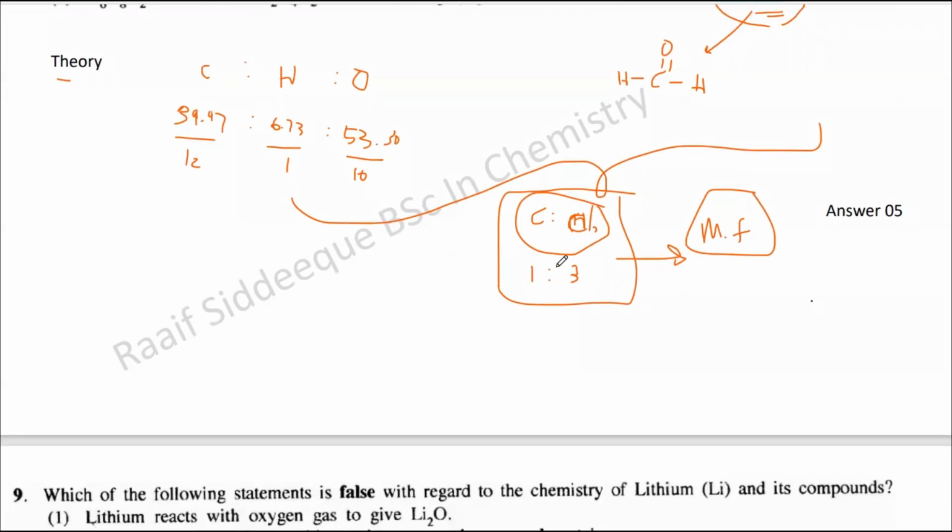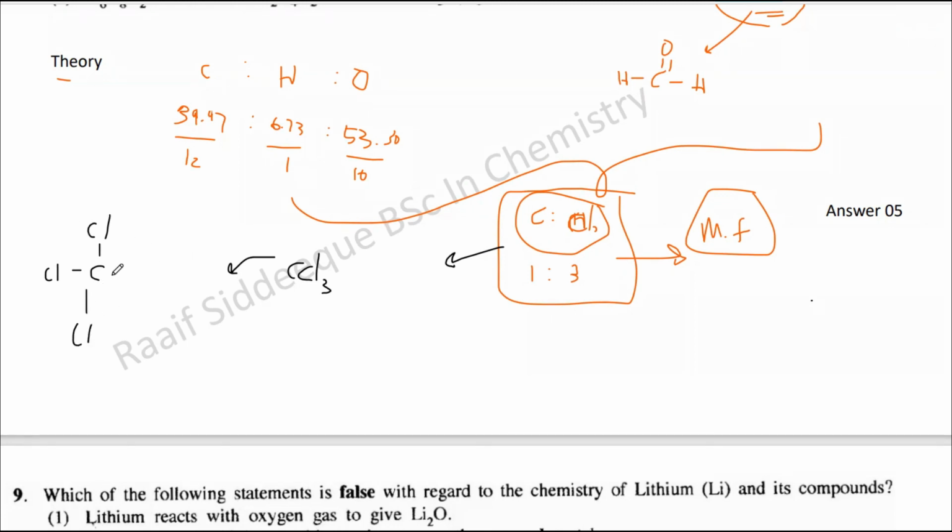So the idea is, if you have this 1:3, the formula of this one should be CCl3, right? That is the formula. But the problem here is when you think about the structure of this one. There should be a carbon like this, there should be chlorine, chlorine, and a chlorine.